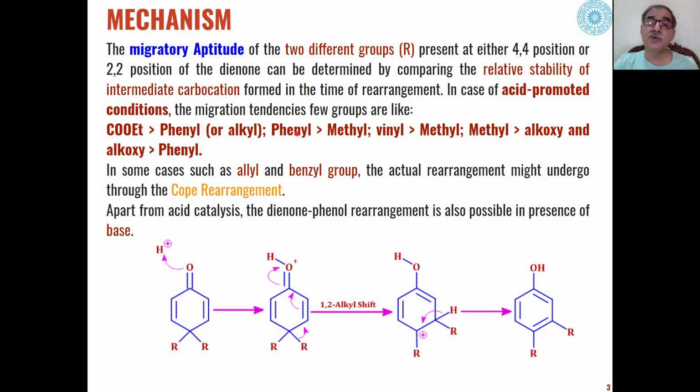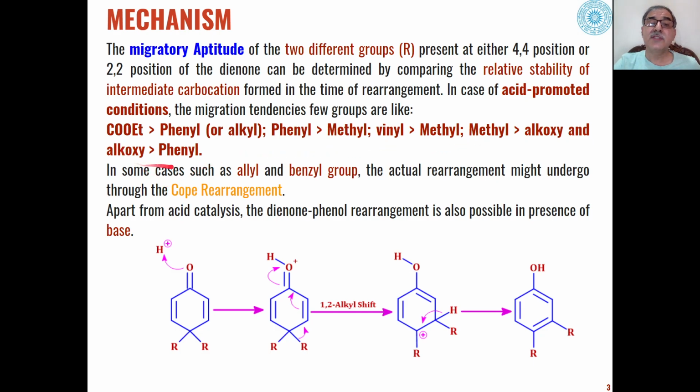Similarly, if these two groups are phenyl and methyl, then also phenyl will migrate in preference to methyl group. If vinyl and methyl are there, then vinyl group will migrate in preference to methyl group. If methyl and alkoxy group are there, then methyl group will migrate in preference to alkoxy group.